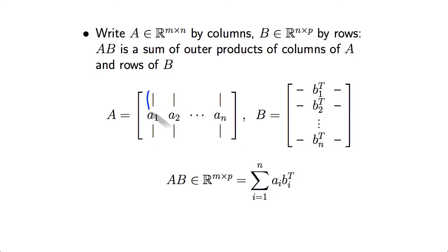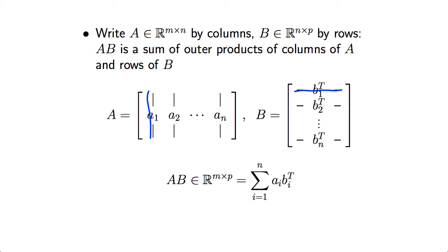We take the first column of A, for example, and the first row of B, and form the outer product. Those are both vectors of the same size, so we form the outer product of those two vectors. And we iterate this for i equals 1 to n and sum up all these outer products. These are, of course, all the same size, so we take the sum of all these different matrices. That is also equal to the matrix product A times B.